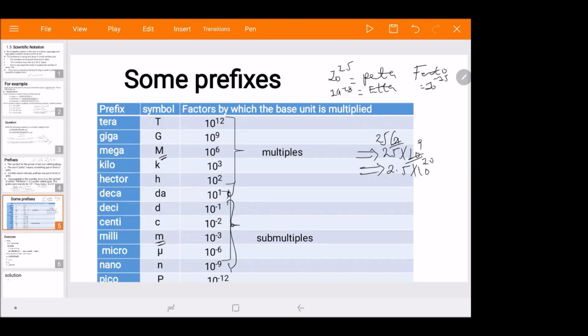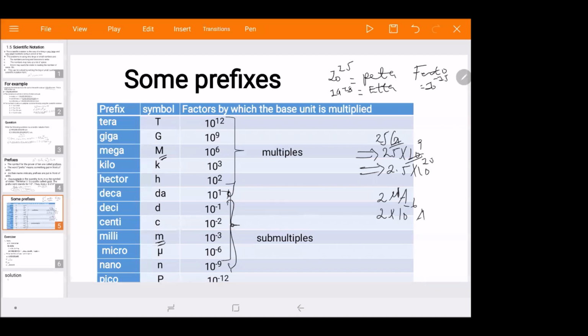As well as, for example, 2 microampere. To express the current, you can use microampere, a very small number. Micro means 2 times 10 to the power of -6 ampere.